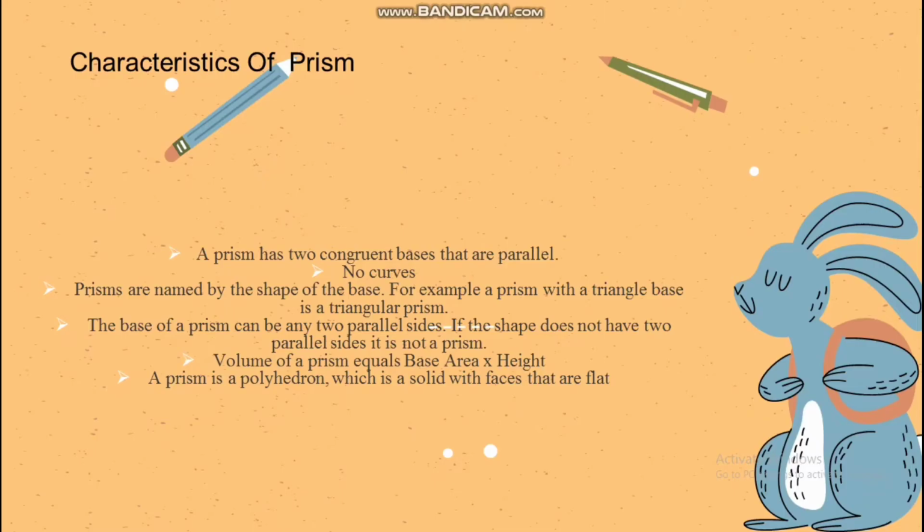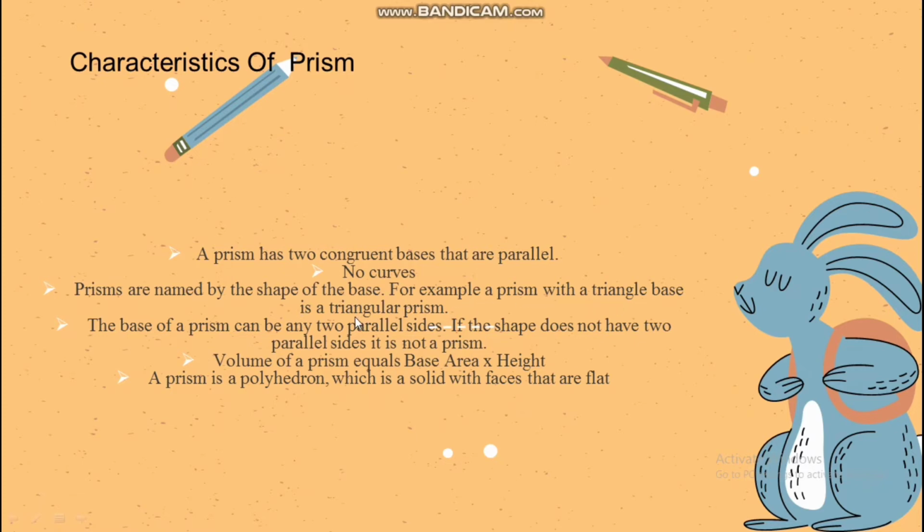Characteristics of prisms. The first, a prism has two congruent bases that are parallel. No curve. Prisms are named by the shape of the base. For example, a prism with a triangular base is a triangular prism.